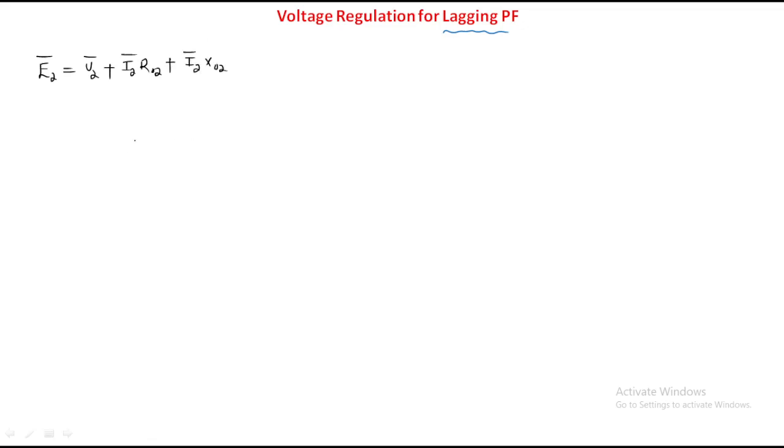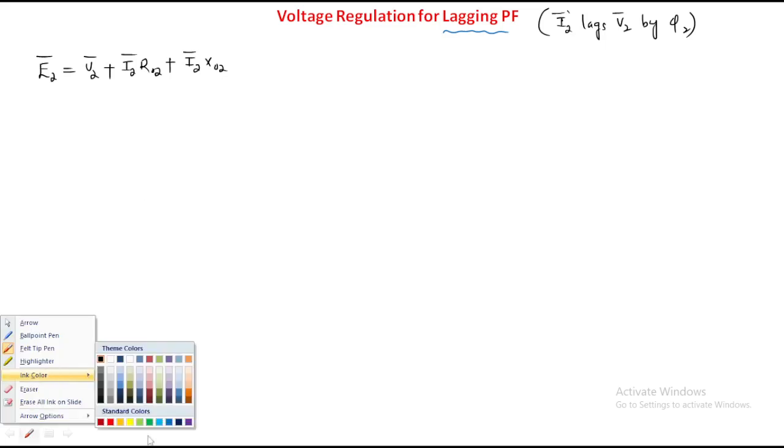Clear? For a lagging power factor, what is the condition? I2 lags V2 by the angle phi 2. Therefore, first we have to draw the phasor diagram.